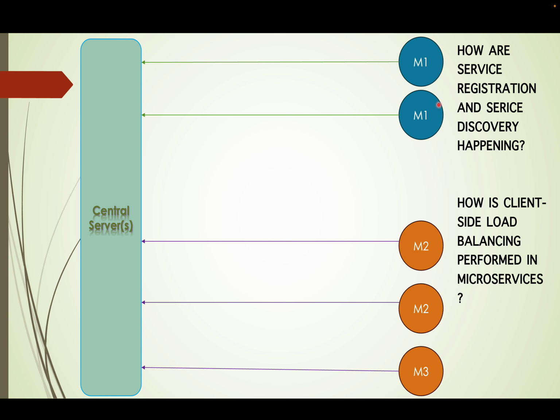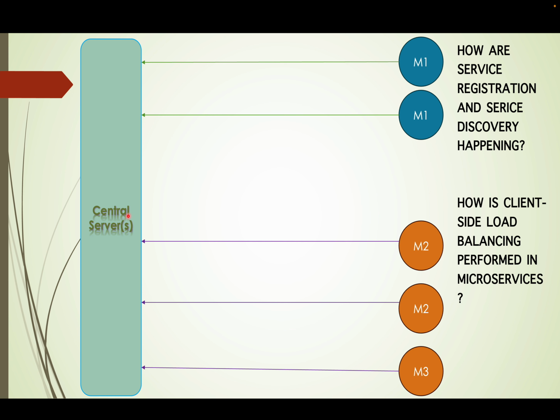If we are using client-side service discovery, it is always the responsibility of M1, that is the calling microservice, to know about the M2 microservice. So M1 will now go to the central server and ask for the details of the M2 microservice.